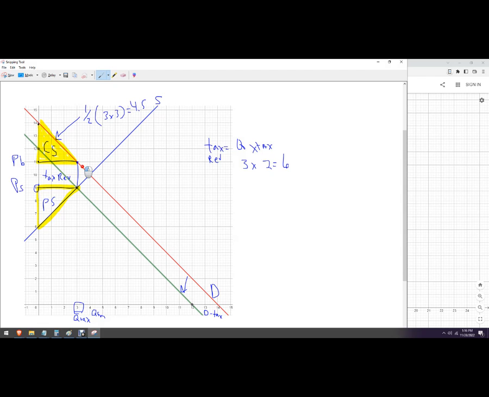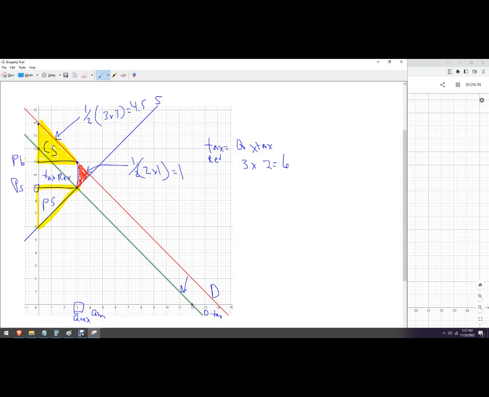And this guy right here, so do I have a different color? Not really. It's red. This red triangle here, this is going to be our deadweight loss. So if you just calculate the area of that triangle, that'll get you your deadweight loss. And that's going to be 1/2, 2 times 1, and that would just be 1.